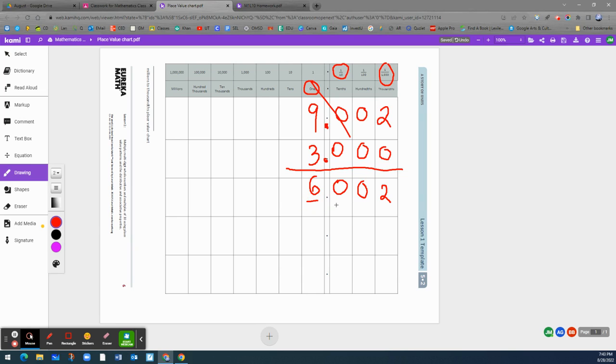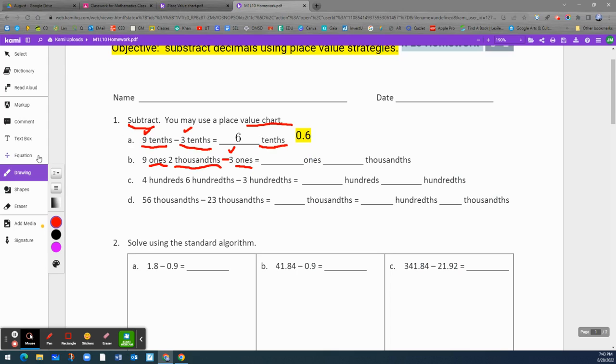Okay, so 6 ones and 2 thousandths is the answer. So now we're going to write that in here. How many ones do we have left? 6. Let me fix this right here. And how many thousandths? Well, 2 thousandths.